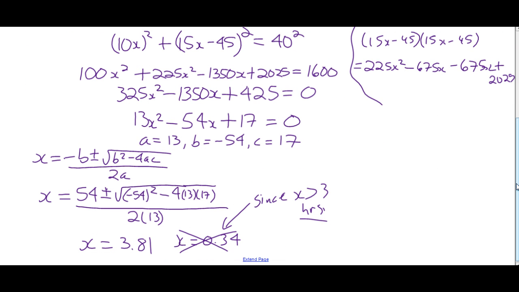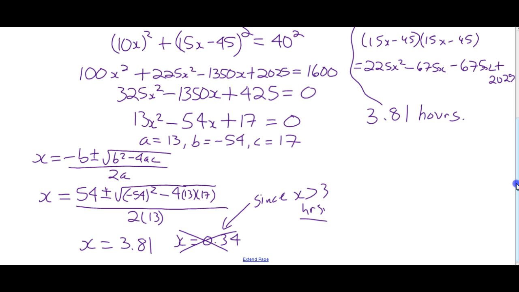Okay. So we have 3.81 hours. So how do I change decimal hours into minutes? What do I have to do? So if I had half an hour, how many minutes is that? 30.